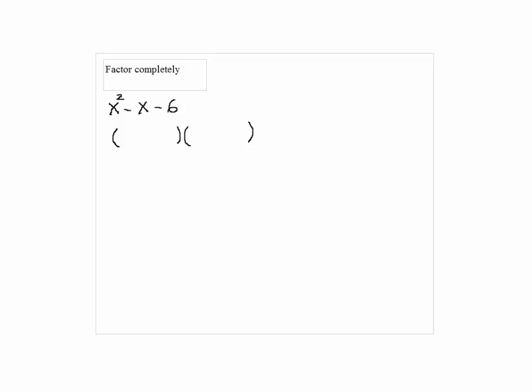Factor completely: x to the power of 2 minus x minus 6.